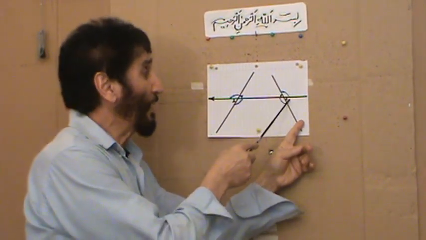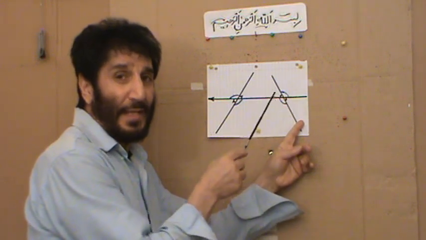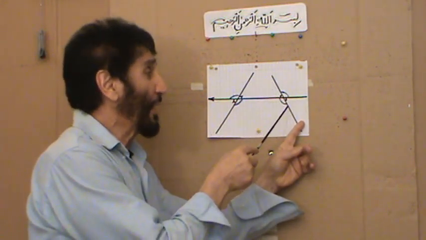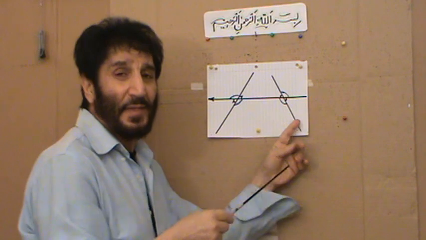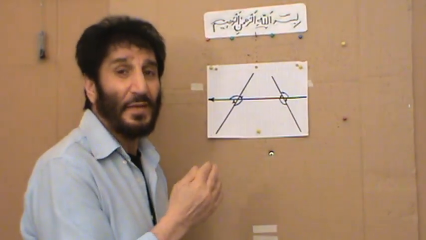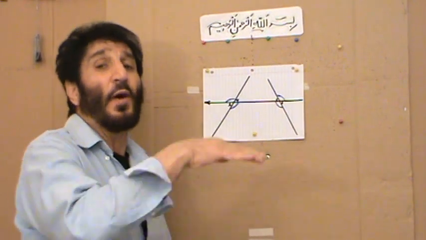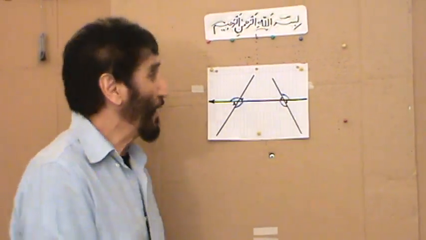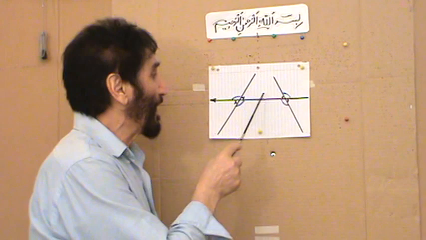And this angle, which is below, is also toward the x direction. So in order not to get confused, we said the side that is toward the positive x direction, also above the x-axis. So these are the angles of our interest.